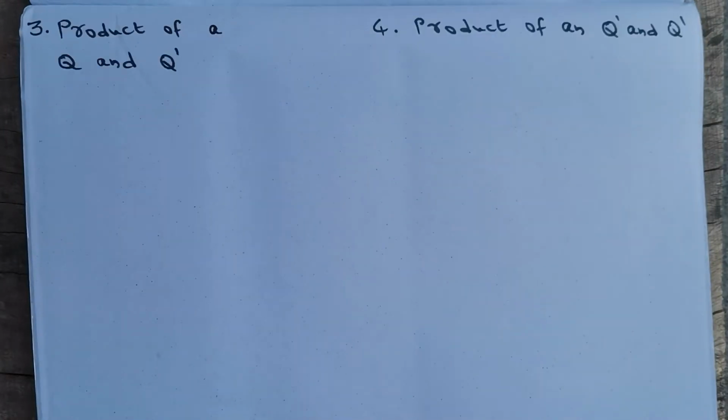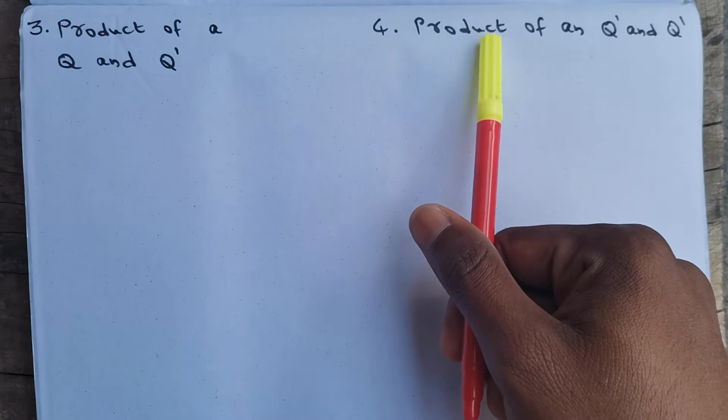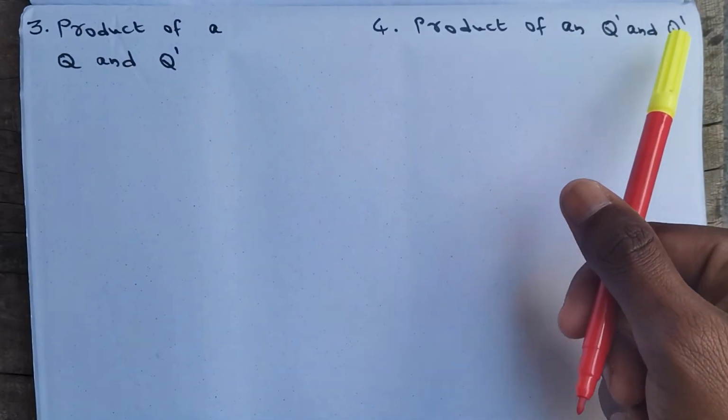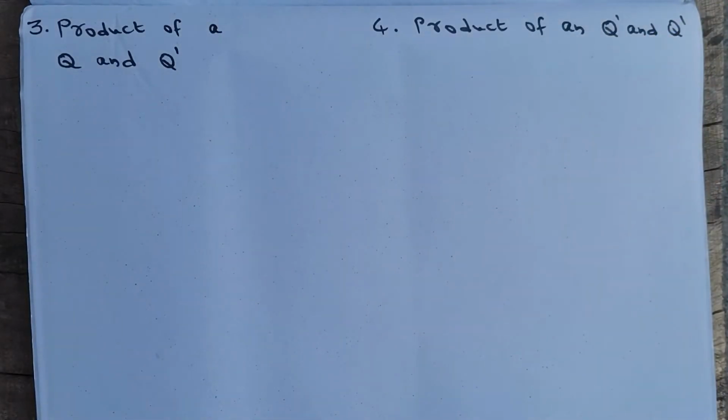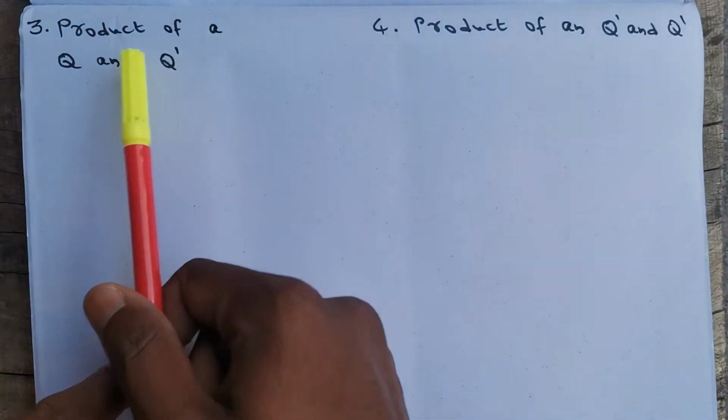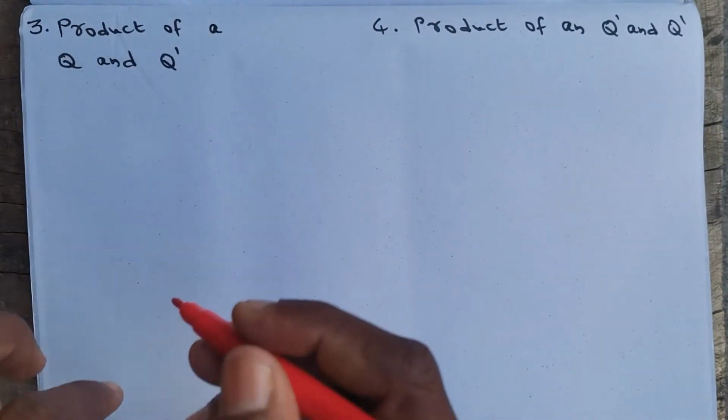Okay, next question is product of a rational number and an irrational number, and question 4 is product of irrational and irrational. This is one of the very important questions. This question is asked even in the 1 mark, that is section 1 of Part A, as well as sometimes in Part B also. So first one, product of a rational number and an irrational number.